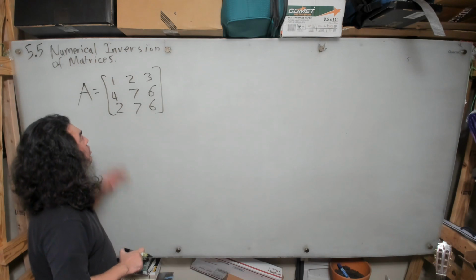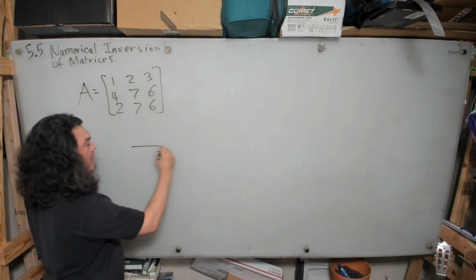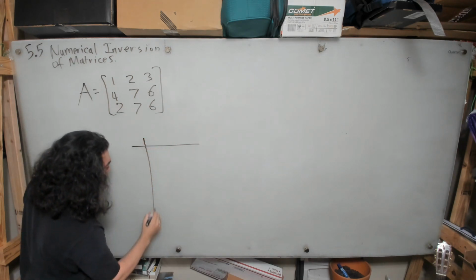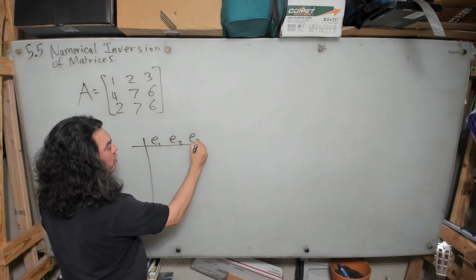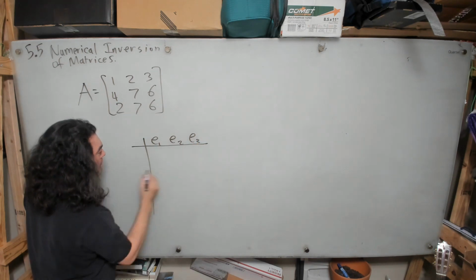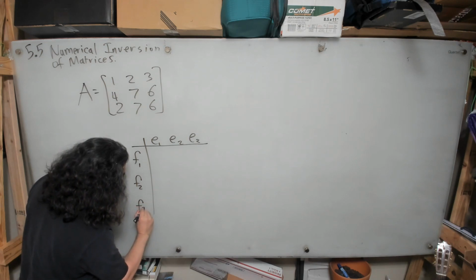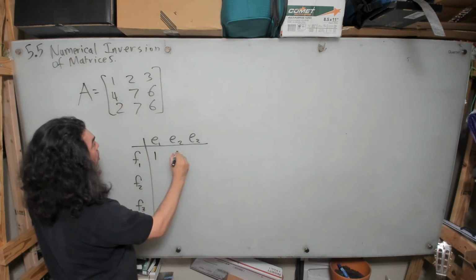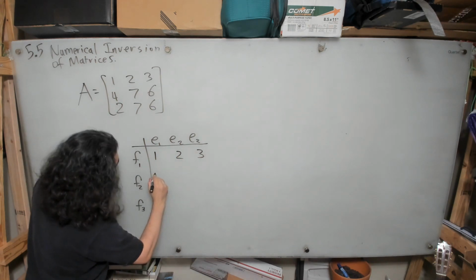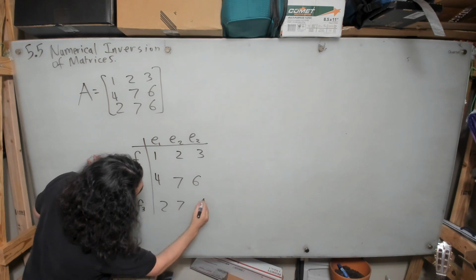So we have this matrix and we want to find its inverse. We can imagine, for our own benefit, that this is E1, E2, E3, and this is F1, F2, F3, and then I've copied in 1, 2, 3, 4, 7, 6, 2, 7, 6.